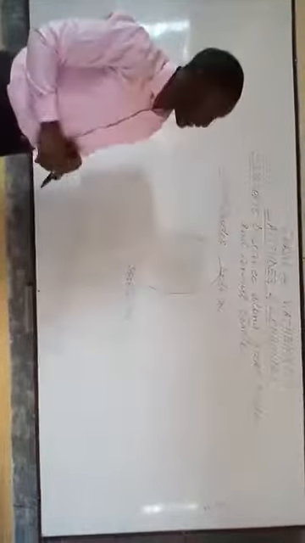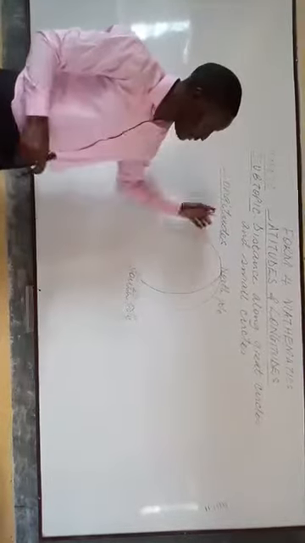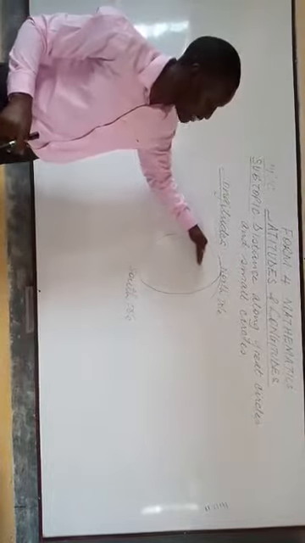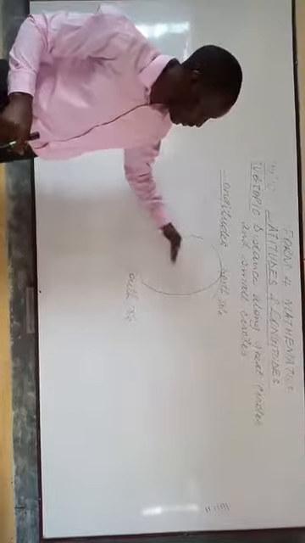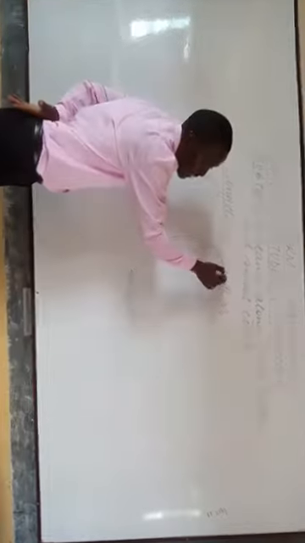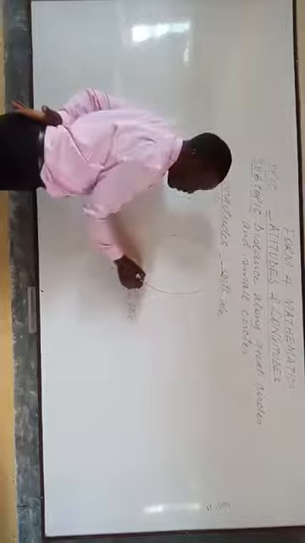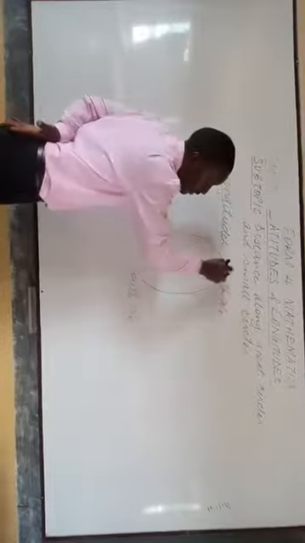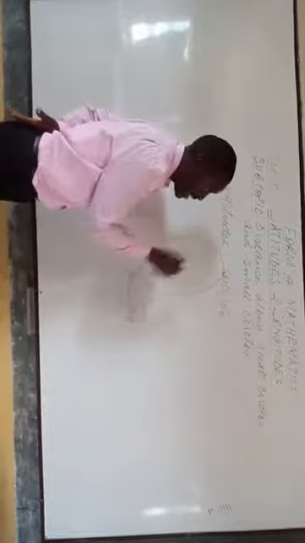We're going to note something unique here about longitudes. Unlike the latitudes that were becoming smaller and smaller as we move towards the north or towards the south, these ones, because all of them are passing through the North Pole to the South Pole, all of them will be equal. So you're not going to have longitudes that are longer than others.